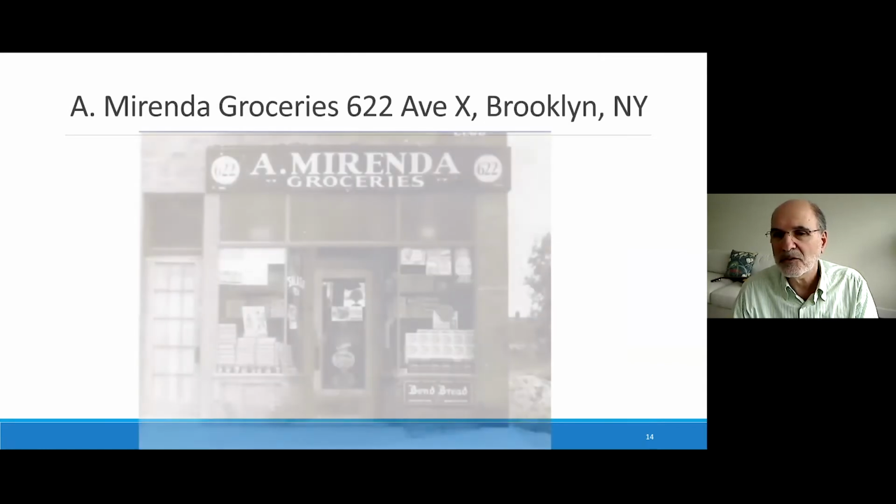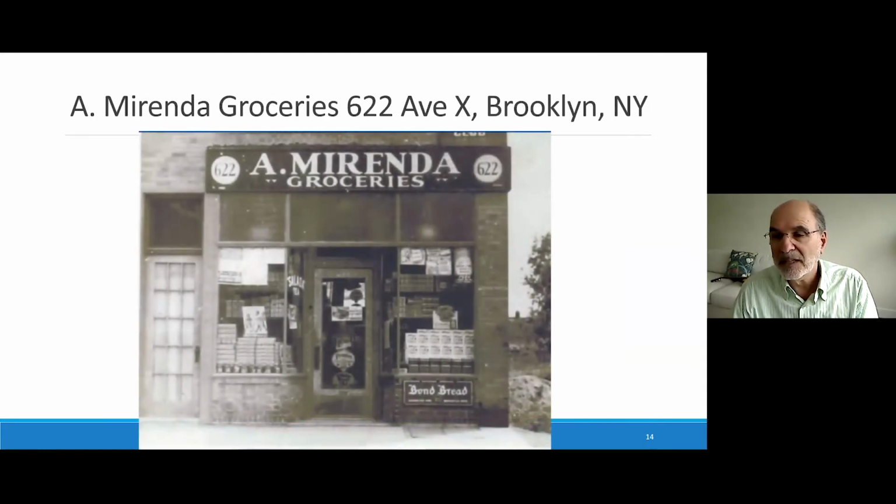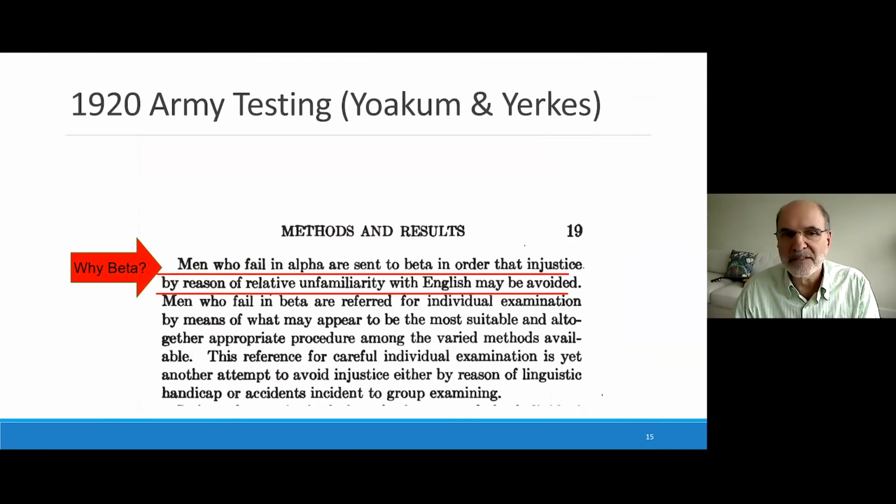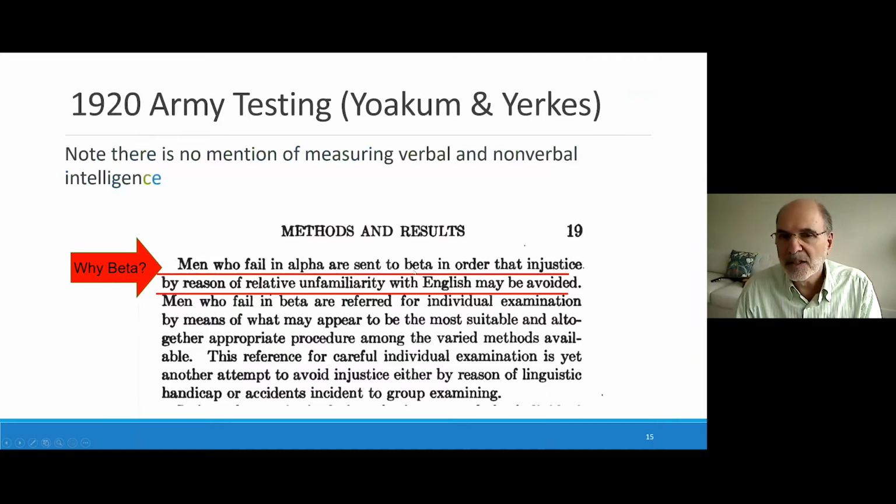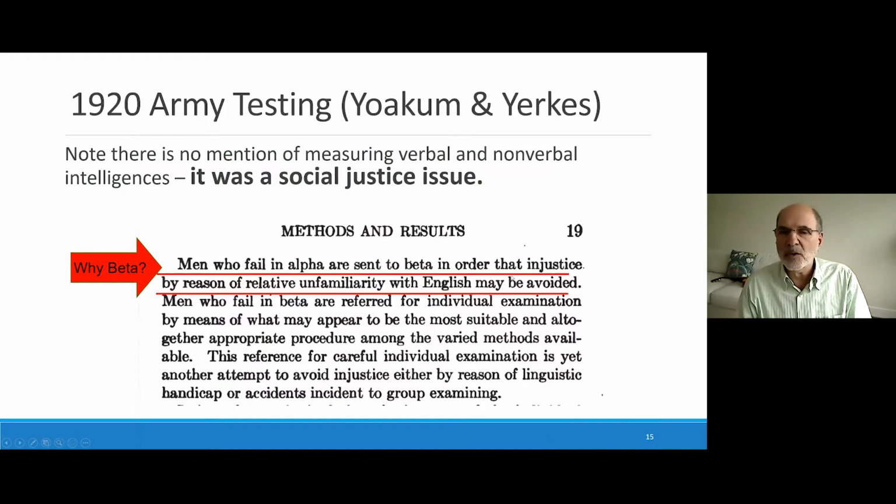He never spoke English very well, didn't go beyond 8th grade in Italy, but he was smart enough to have his own grocery store and be successful. That's why they had the nonverbal scales. In fact, Yoakum and Yerkes wrote, the men who fail in alpha, which would have been my grandfather, was sent to beta, the nonverbal, in order that injustice by reason of a familiarity with English may be avoided.